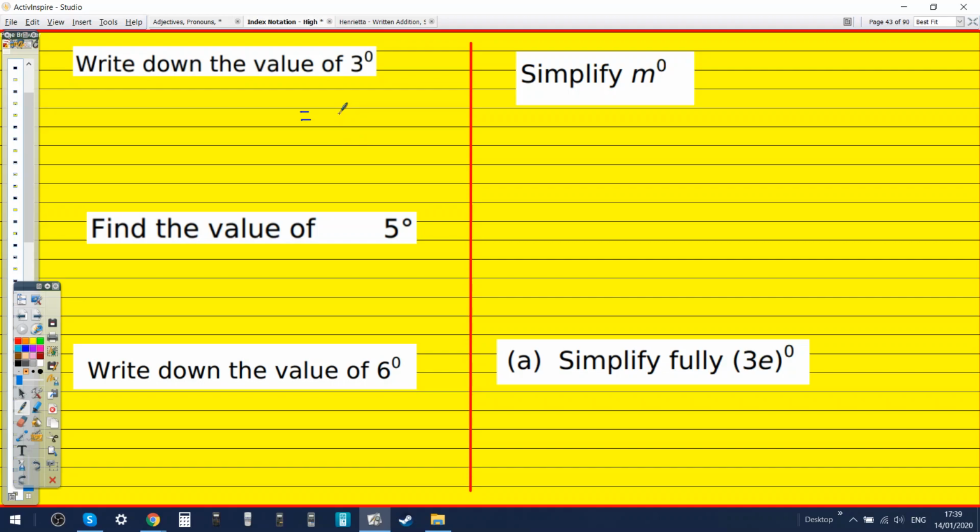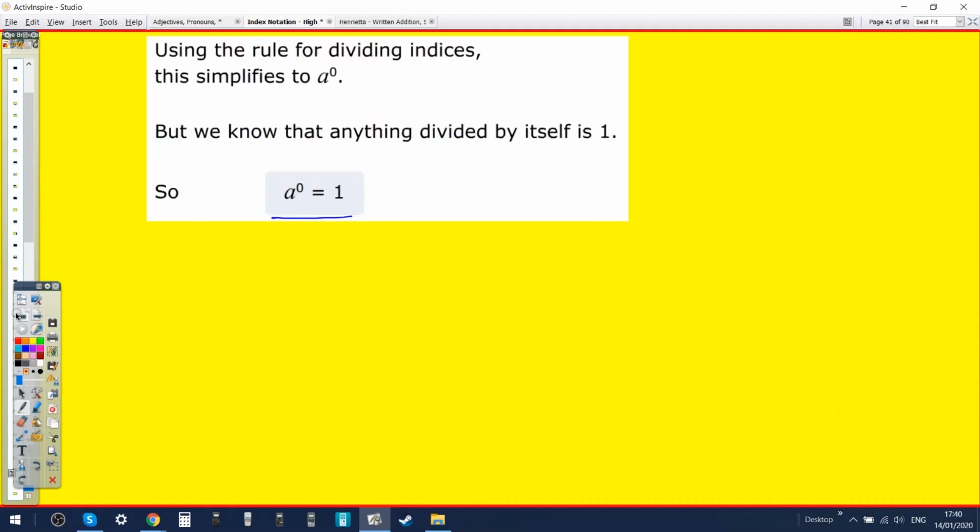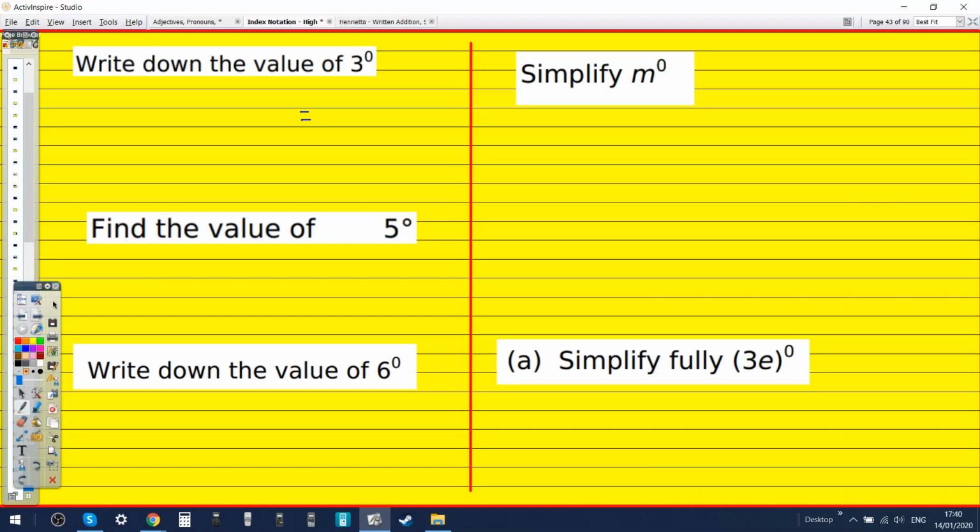Okay. So it is 3. Any number divided by 0 is what? 0. Carlos, any number to the power of 0 is what? 1. Yes. What is 3 to the power of 0? 1.